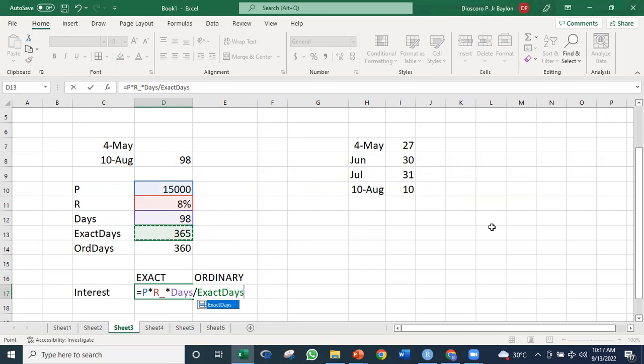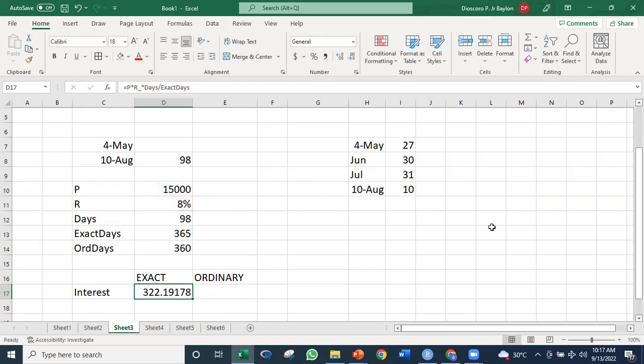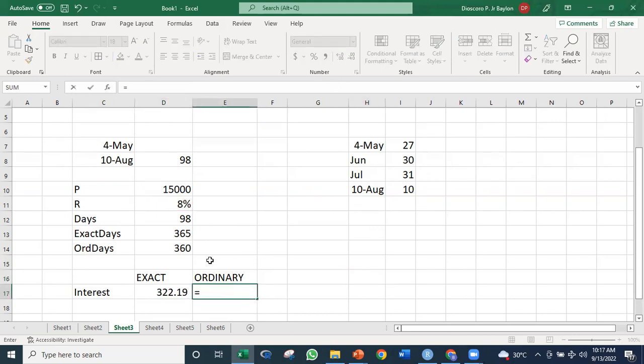There. Okay. So that will be 322.19. For the ordinary, it will be P times your R times your days divided by your ordinary days.